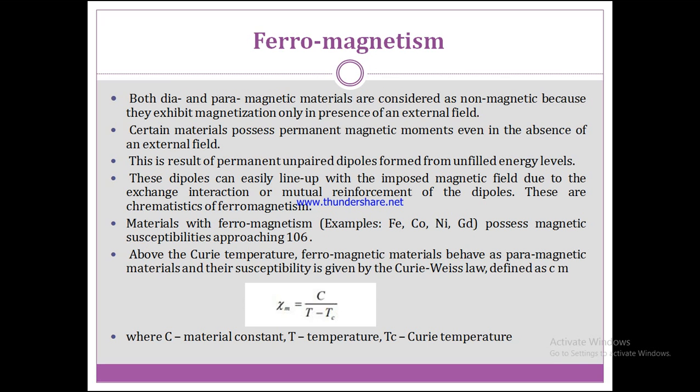This law is Xm equals C divided by T minus Tc, where C is the material constant, T is the temperature at the initial condition, and Tc is the Curie temperature. So this is all about the ferromagnetism concept.